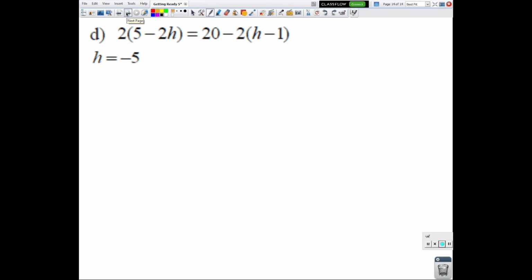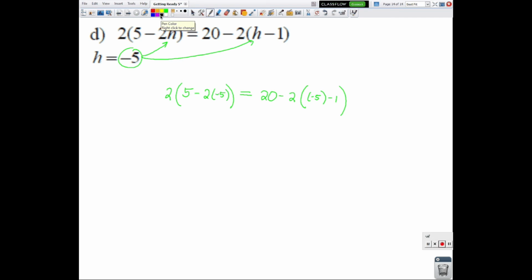And the last one for the day, we are going to substitute -5 everywhere we see an h in the equation. So 2 times the quantity 5 minus 2 times -5 equals 20 minus 2 times the quantity -5 minus 1.